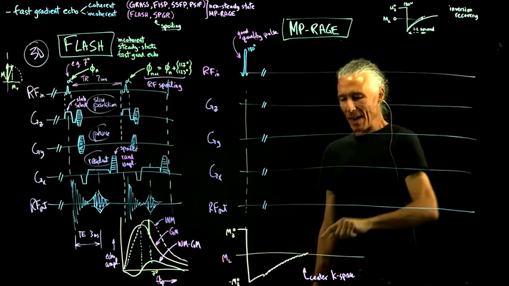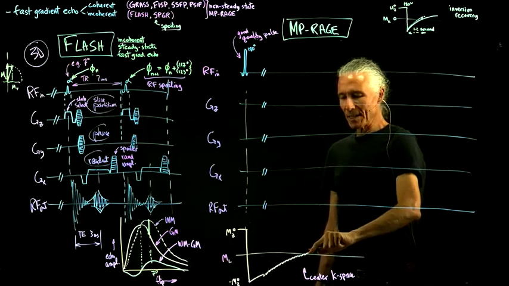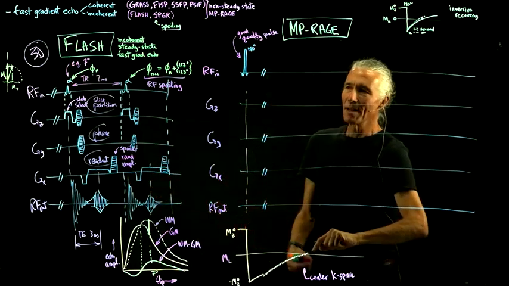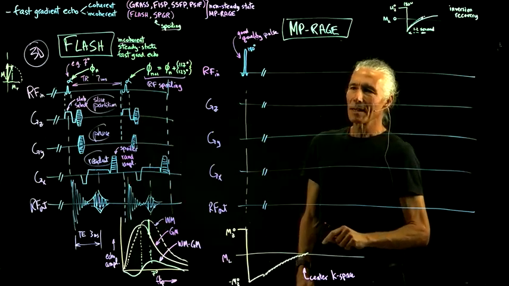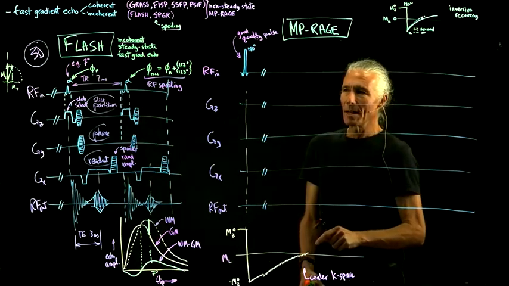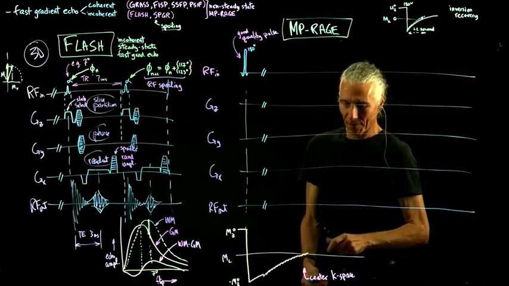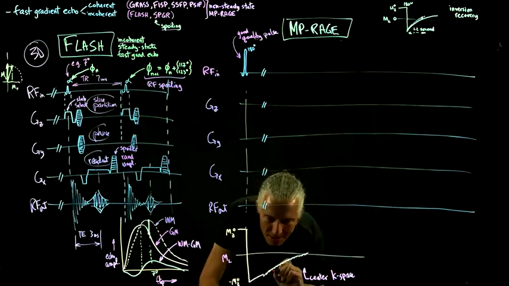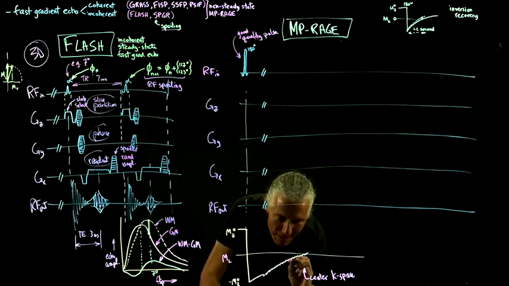So the RF pulse that we're going to record a readout for through the center of K-space will have a lot of contrast, because there'll be no signal from the gray matter, and there'll be a signal from the white matter. And hopefully that other one that's really close just exactly ended up at 0.